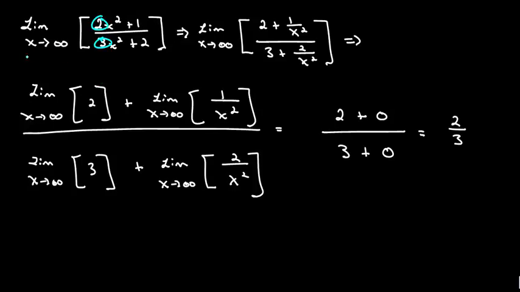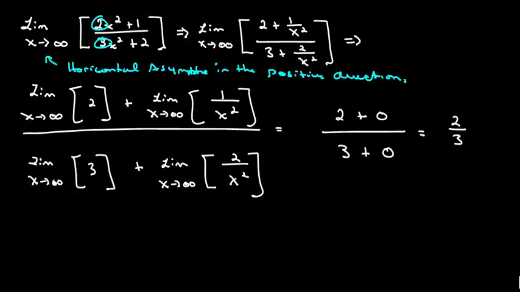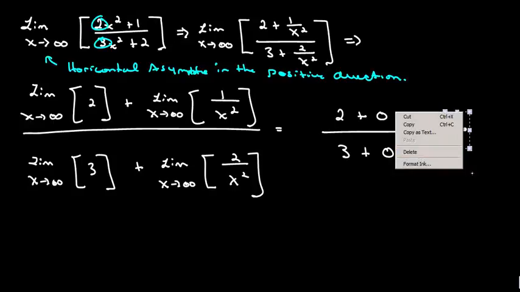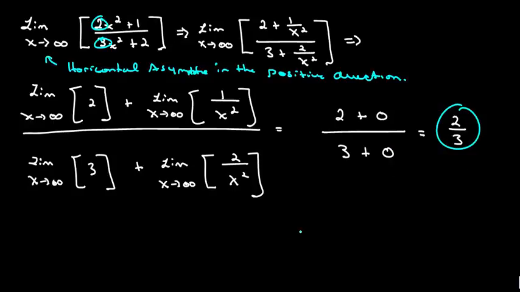Essentially what we're looking for here is a horizontal asymptote in the positive direction. Okay, and so that's where we get this 2/3 from.